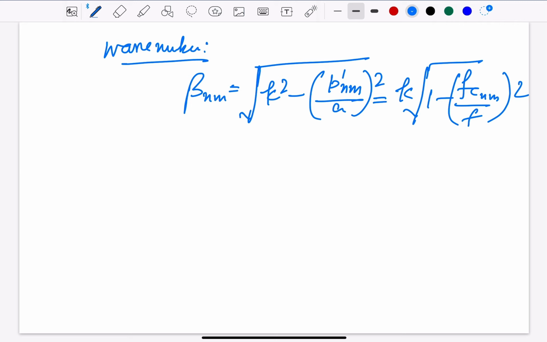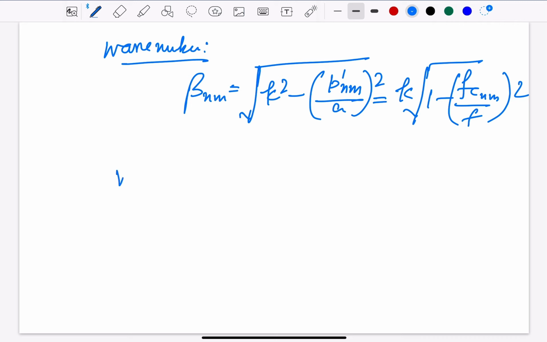Okay, now what have we left? Anyone? Another thing, I think we are missing, is the wave impedance. Yes, I think we are missing the wave impedance.